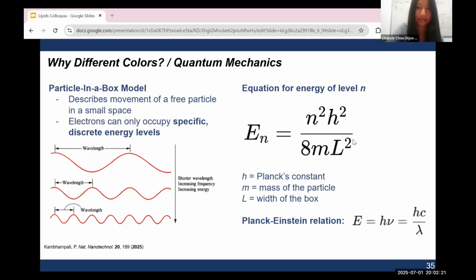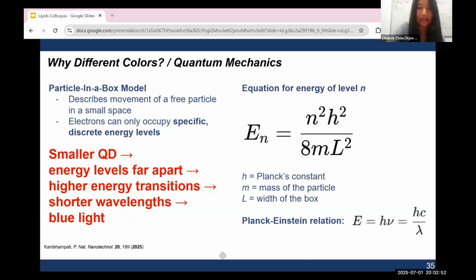So knowing how the energy levels differ, we can then relate it to the wavelengths of light emitted. The color of the light depends on the energy of the photon, and that can be determined by the Planck-Einstein relation, which is given in the bottom right corner. Lambda is the wavelength of the photon, and as you can see, energy and wavelength are inversely proportional in this equation.